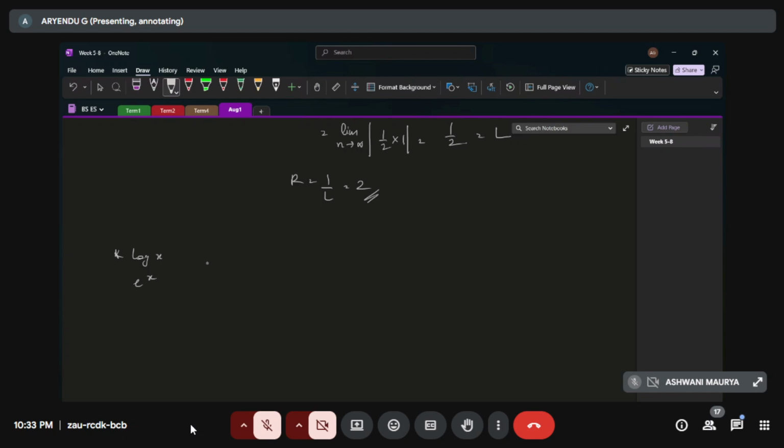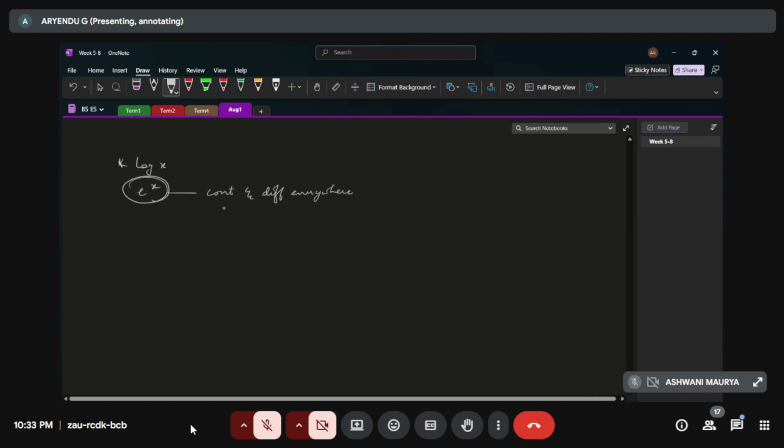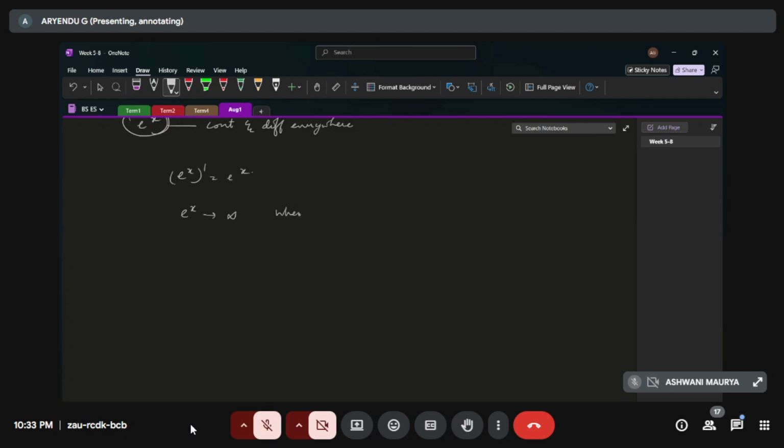The specialty about e power x is that this function is continuous and differentiable everywhere, for all values. And as we know, the derivative of e raised to x gives us e raised to x itself. And e raised to x tends to infinity when x tends to infinity, and e raised to x tends to 0 when x tends to minus infinity.